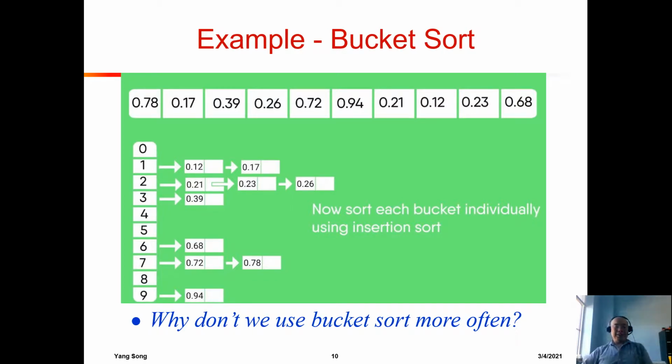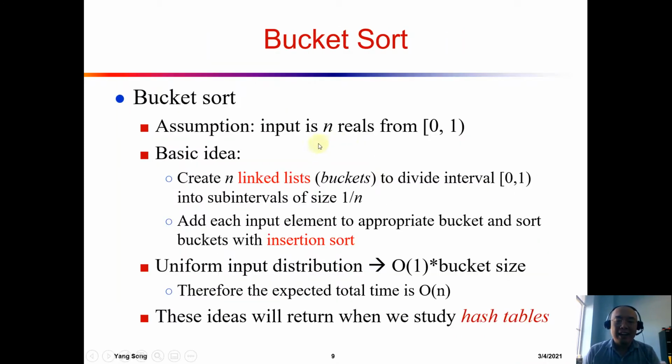Okay, so number one, as we have discussed about the counting sort or the radix sort, we wouldn't say bucket sort is really a general purpose algorithm. And remember the range of the values, we have a very strong assumption there. And what else? We are assuming that we have a uniform input distribution.